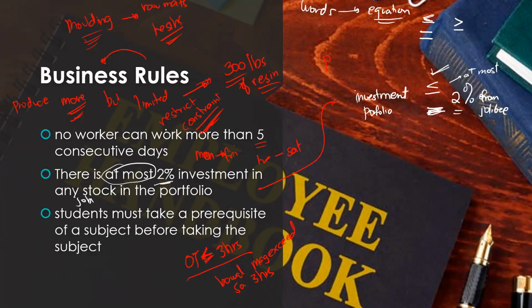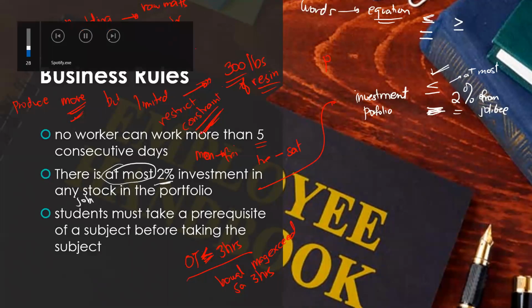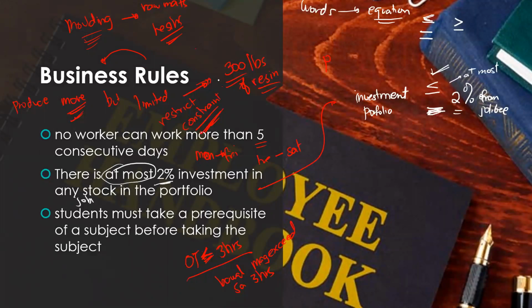Okay, another case. Back here, once again, you have a molding process and you only have 300 pounds of resin. Let's say you will produce two products.